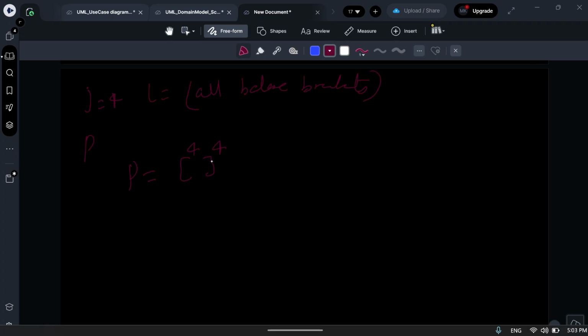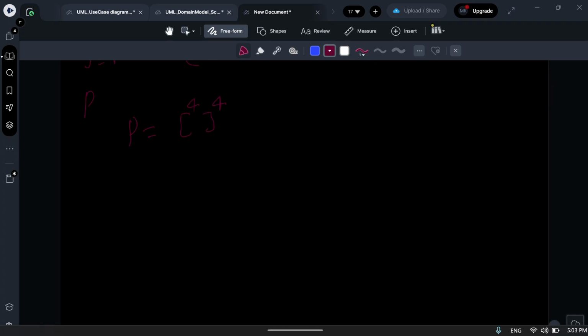So this is our condition, where we know 1, 2, 3, 4, 1, 2, 3, 4, which is 2 times j, equals 8.